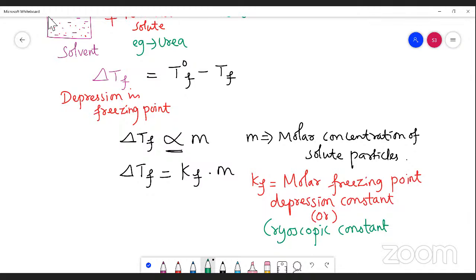So this depression in freezing point, we relate in terms of molar concentration by using one constant, Kf.